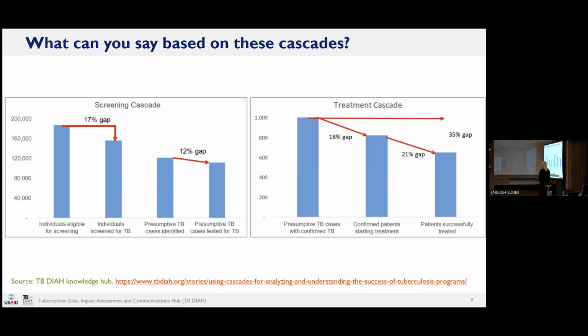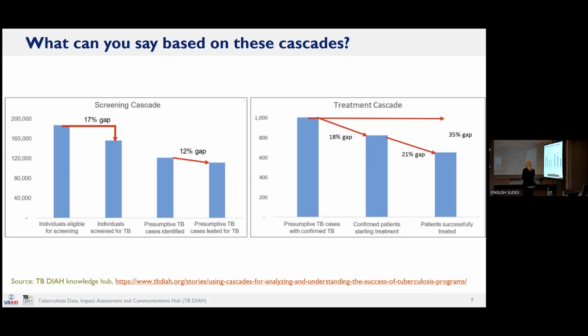The first column is individuals eligible for screening. It means that these are people who should be screened. And what is the other column? It is individuals that were actually screened for TB.